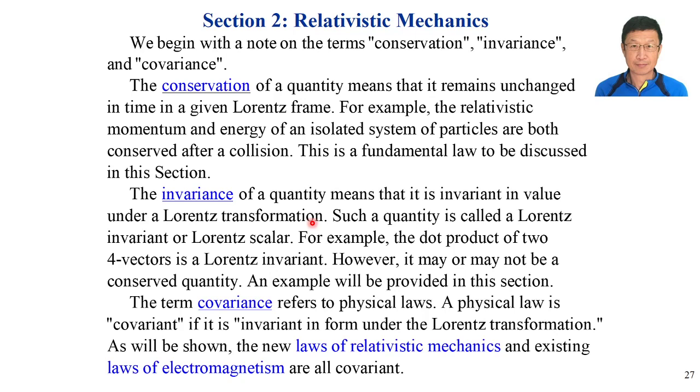The other is moving at a constant velocity in a certain direction. Then, in these two frames, the quantity is the same. That is an invariant quantity. Such a quantity is called a Lorentz invariant or Lorentz scalar.